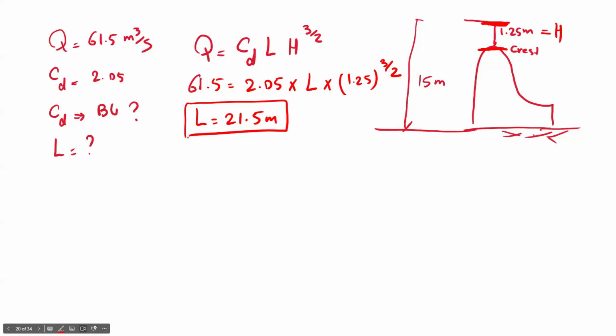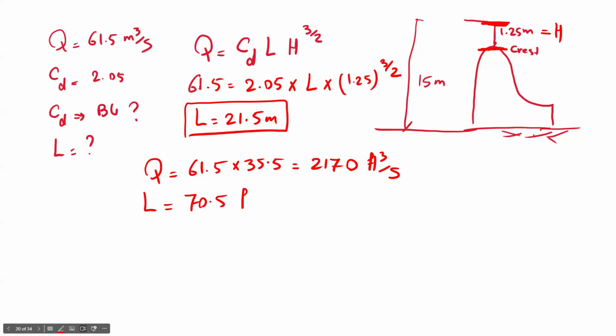What should I do for the British system? That's just playing with units. I will exchange them. For example, for Q, 61.4 multiplied by 35.5 to make it CFS, cubic feet per second. For L, it should be around this number, which is in feet. H should be 4.1 feet. Replace it: Q, C, L, H to the 1.5.